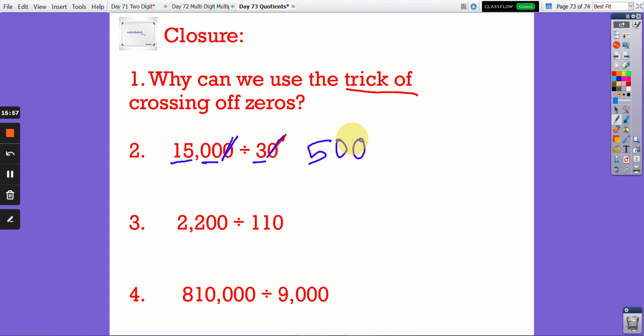Okay, here we go. We can get rid of 1 zero in the divisor, 1 zero in the dividend. 22 divided by 11 is 2, and then we have 1 extra 0, 20. Okay, so try number 4.